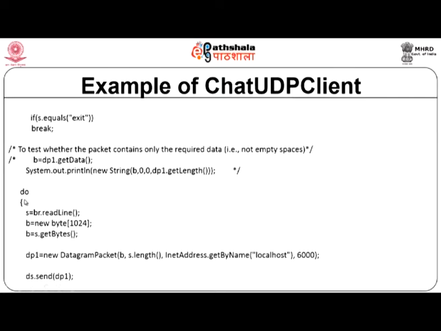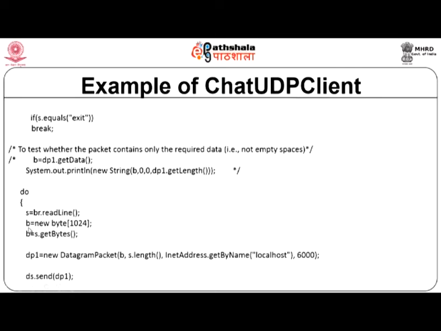So, you can come to this loop, within this do while loop. Here you can understand that we use the BR to read a line from the keyboard. Now, it is a string, we have taken a string. What we need to do is convert the string to bytes, so that using this byte array we can create a datagram packet.